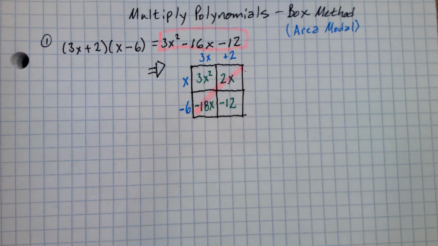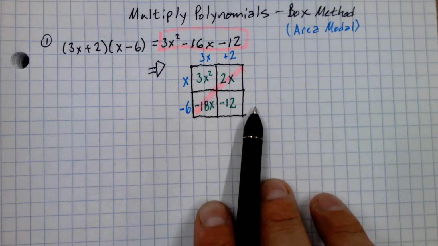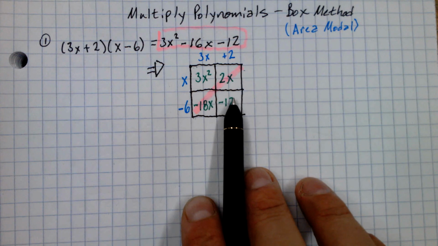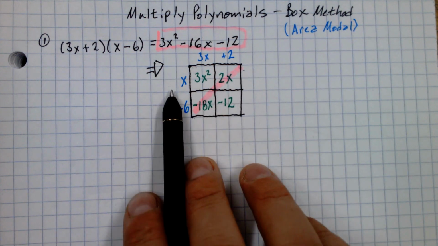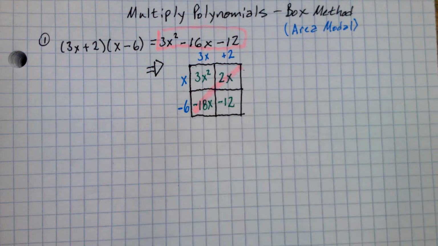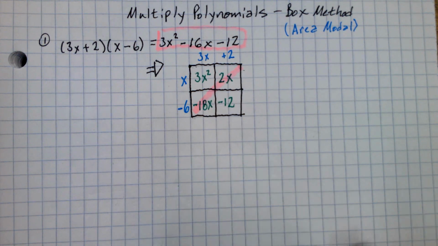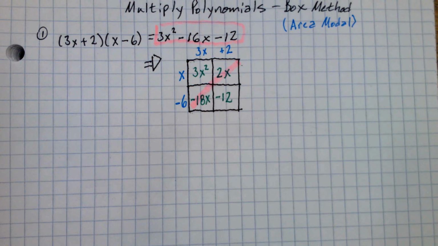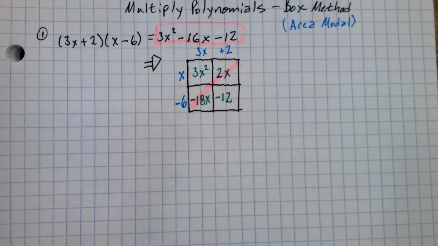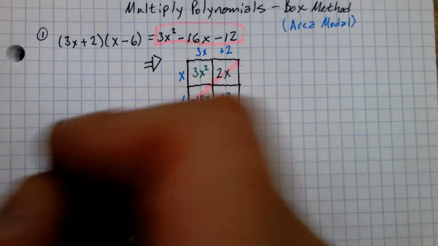Okay? Any questions on this though? It's just setting up the box, filling it in. It's an area model. You want to find the area, and then you combine the like terms if we have any. All right, so let's move on to the second one. We're only going to do 3 and then a couple of examples on the delta.